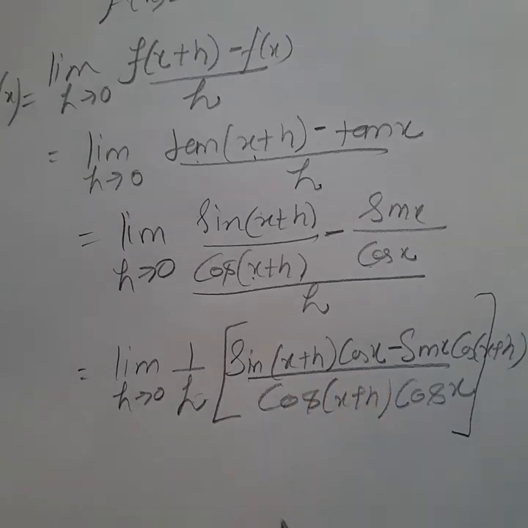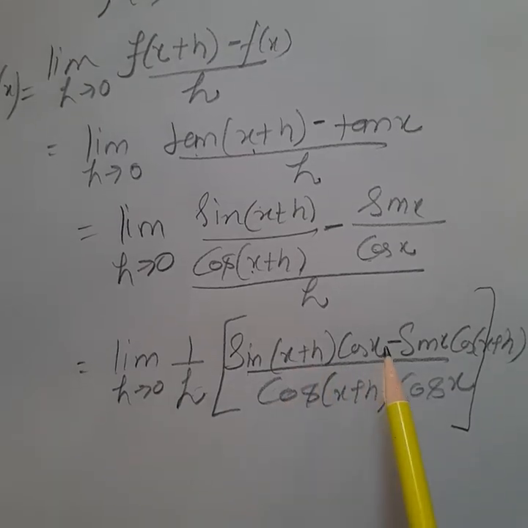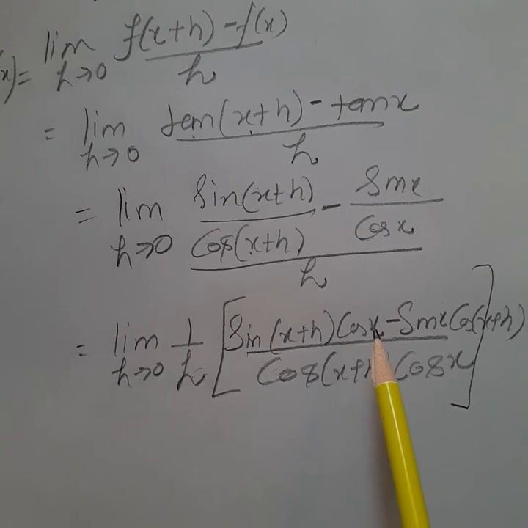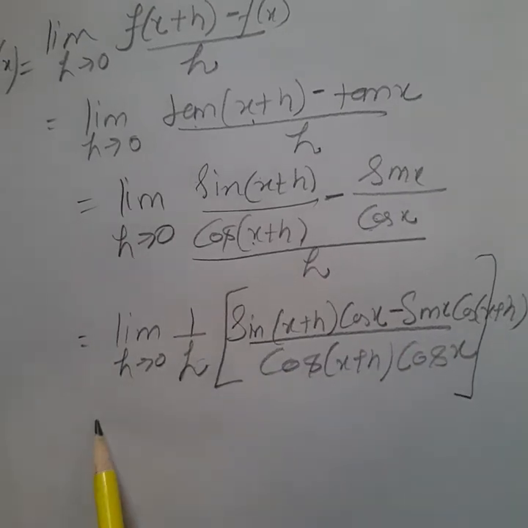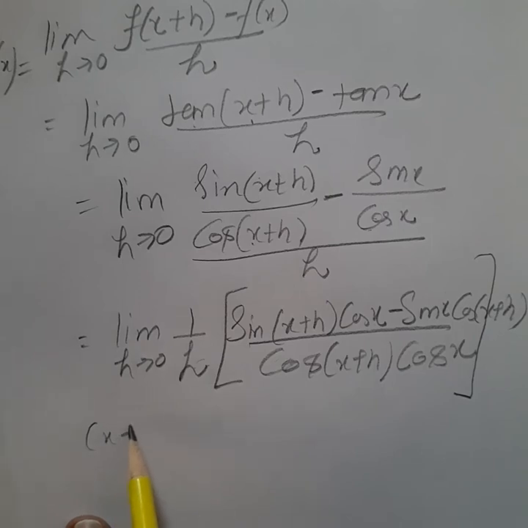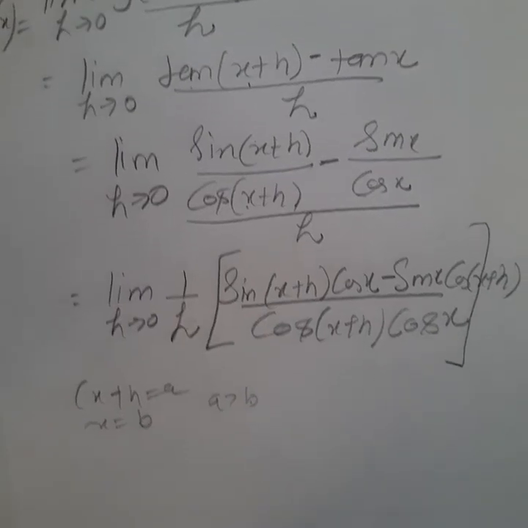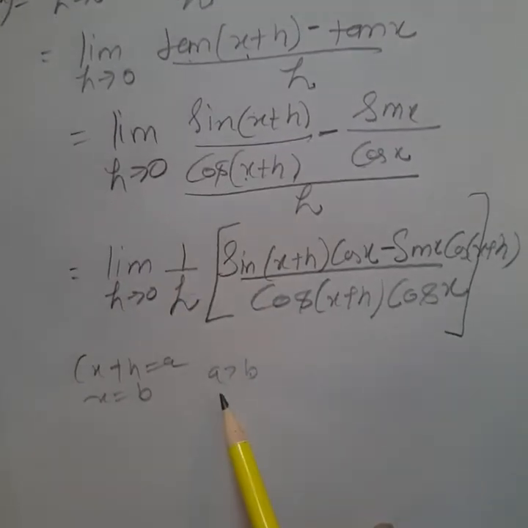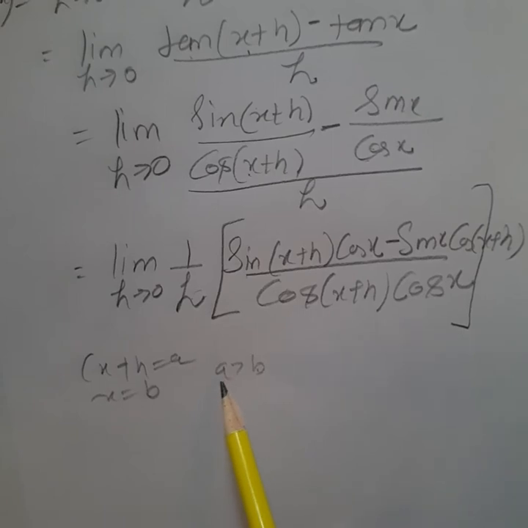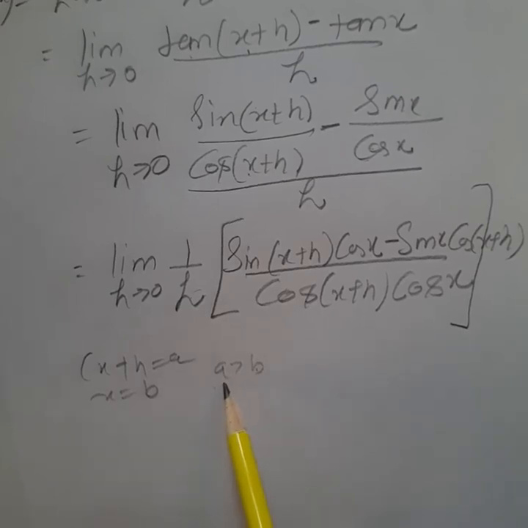Normally in our questions we can take a when a is greater than b in numerical value, because this is the method. Normally we should take x plus h as a and x as b, because a is greater than b. But mostly in our questions we take x plus h as a and x as b.